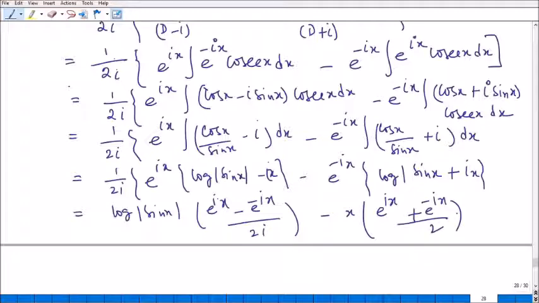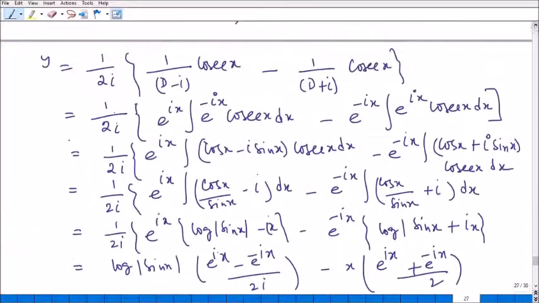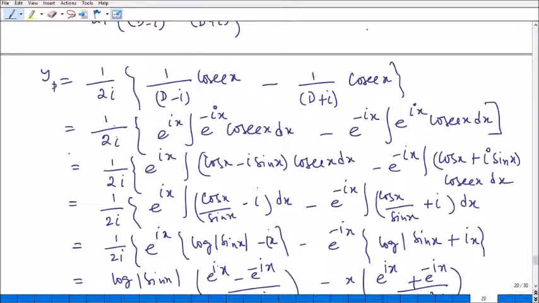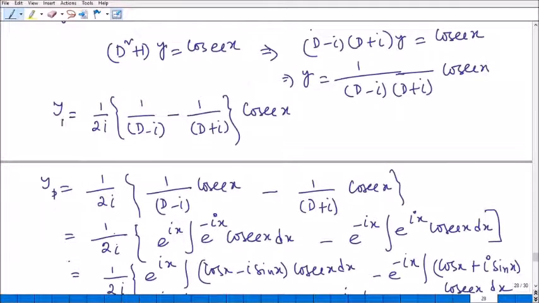So the answer is log of sin x into sin x, and this is cos x, we can write x cos x. So this is the particular solution of this differential equation, we should write it as yp.